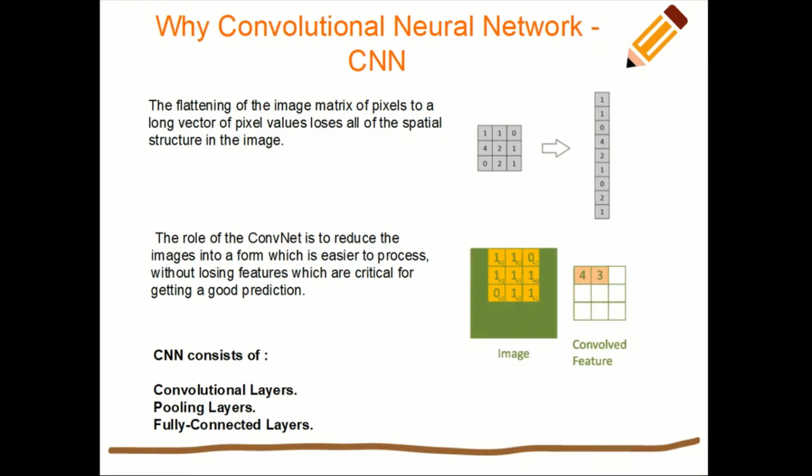Now, flattening of the image. For example, if you are using the usual neural network, that is, neural networks with a dense layer, since an image is a two-dimensional object, or even for that matter three-dimensional object if we consider the color channels, then we'll have to flatten it, right?